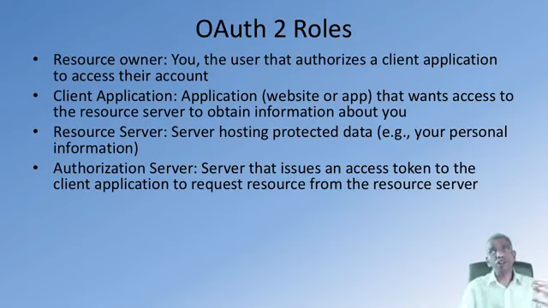The user should authorize the Express server to go to this resource server to fetch the profile information. But if the user needs to authorize the Express server, the user needs to log into the Facebook account and then obtain information from Facebook called an access token, which the user then will pass on to the Express server.